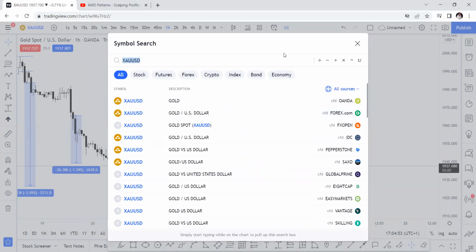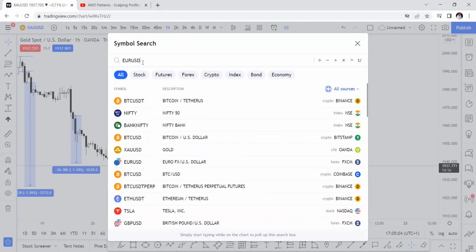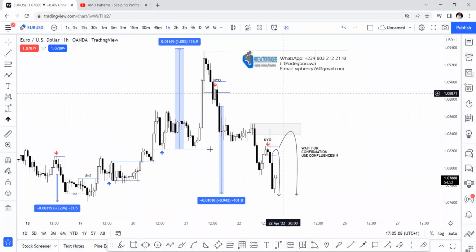Let's do a general one, Euro USD, and see how we achieve it.